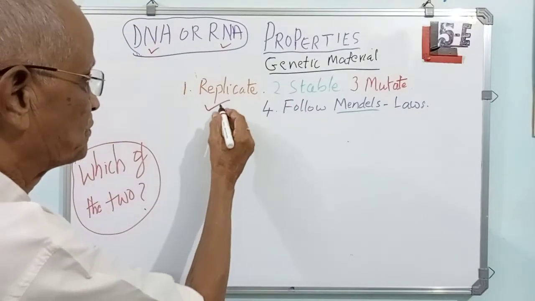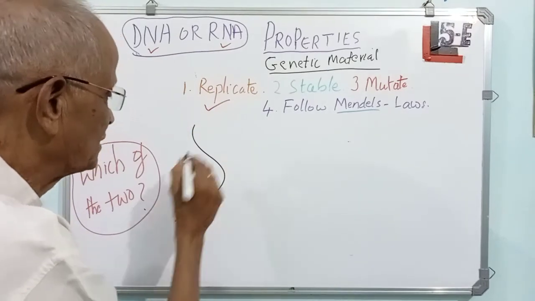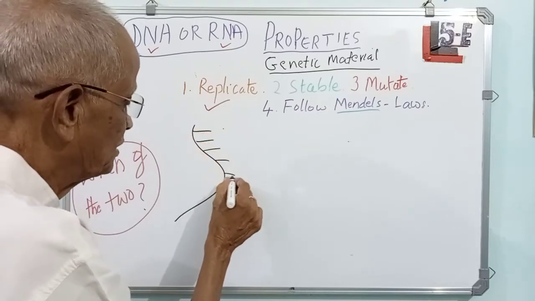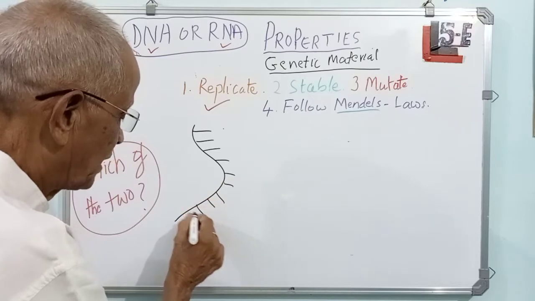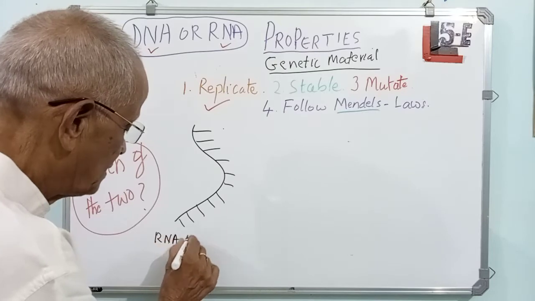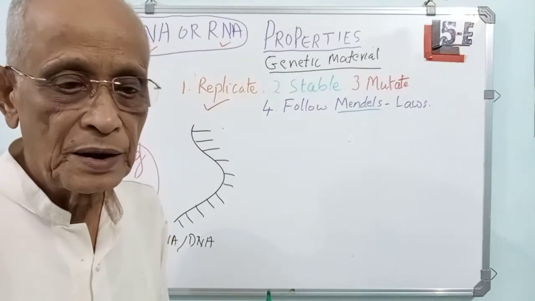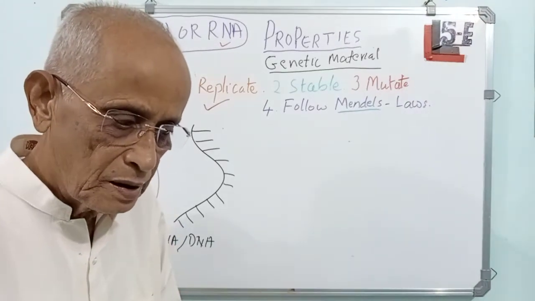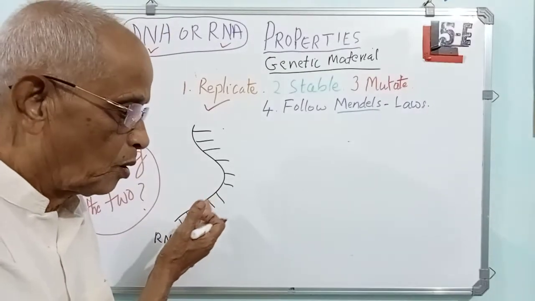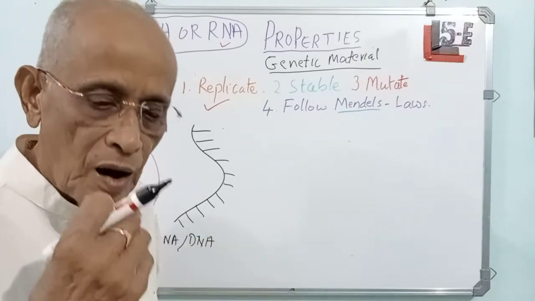Now, for example, take the question of replication. Whether it is RNA or DNA, they have nucleotides, and both RNA and DNA have the capacity for replication. We have seen DNA coil, uncoil, and then on the one template strand there will be production of a new strand.